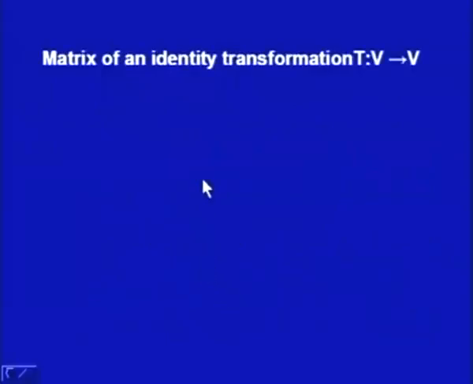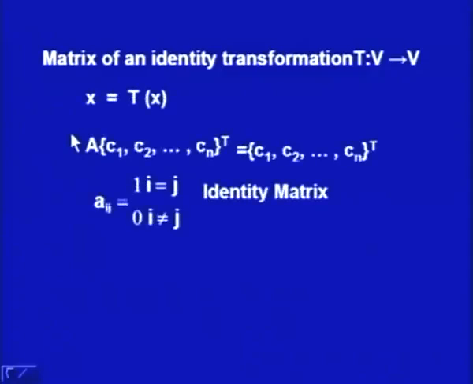Now the matrix of an identity transformation. If we have a transformation T from V to V, then the identity transformation means every x in V will map to T of x, or T of x will be x itself.